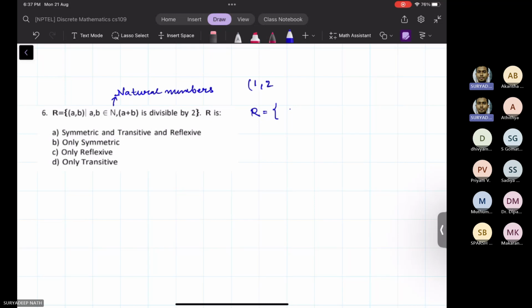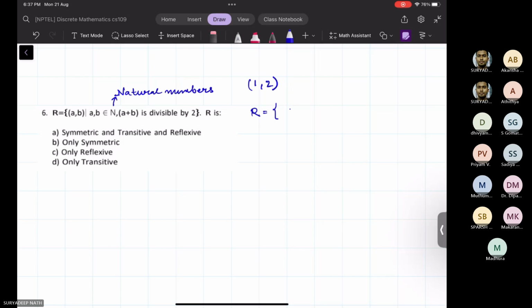If I pick 1 and 2, do you think it belongs to R? No, right? Because 1 plus 2 is 3, which is not divisible by 2. Therefore, 1 and 2 does not belong in R. What about 3 and 7?